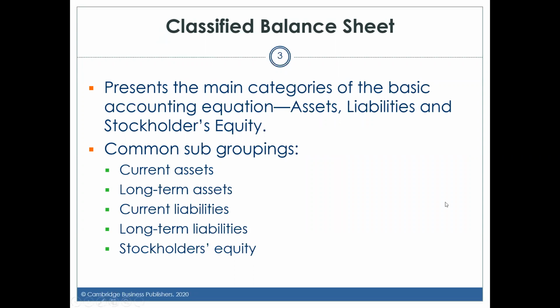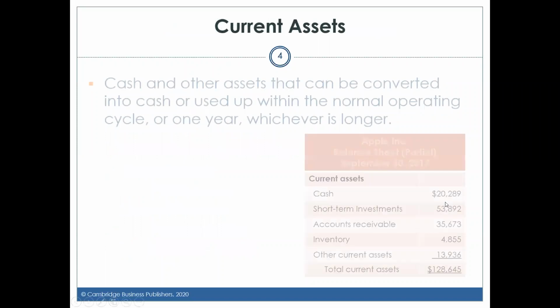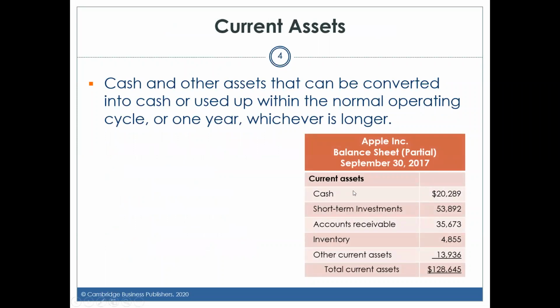So here's an example. We have Apple. Here are their current assets. This is just a partial balance sheet, of course, just the current assets part: cash, short-term investments. Don't worry about those for right now. We'll talk about them later. For example, this could be the dollar value of the stocks that Apple holds.